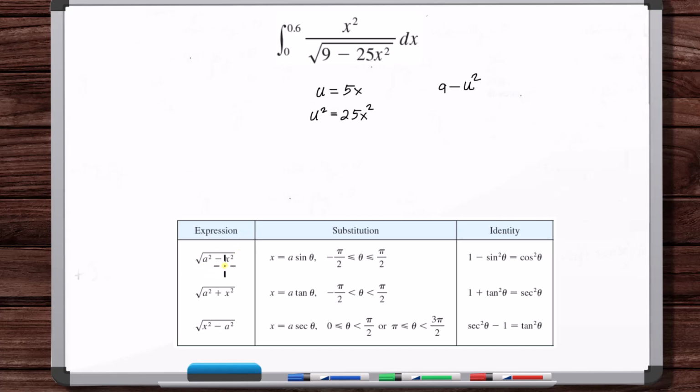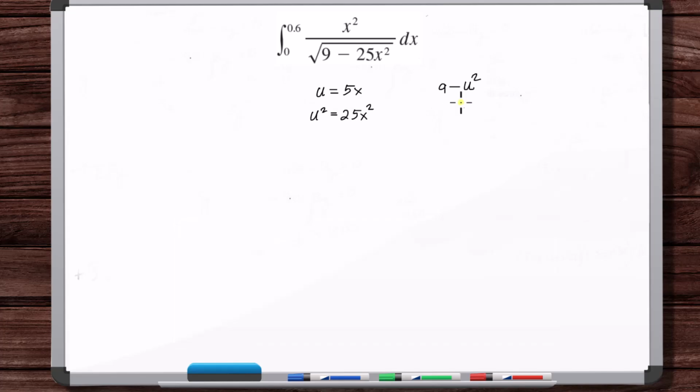Okay, but so here this is the form we've got. We've got 3 squared minus u squared. And so in this case, we would make the substitution that u is equal to a sine theta. u is equal to 3 sine theta. Okay, but what is u? u is 5x.